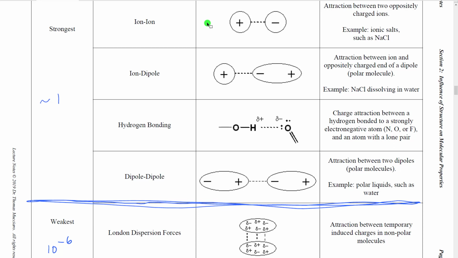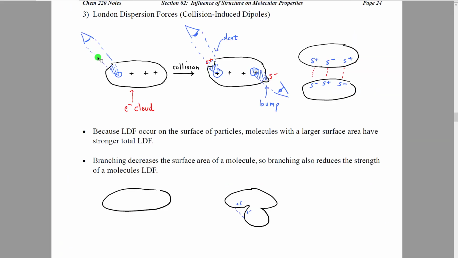And we're going to see in organic chemistry that there are a lot of molecules that have none of these things. In that case, we won't have any of these forces operating, and the strongest force will be the London dispersion force.